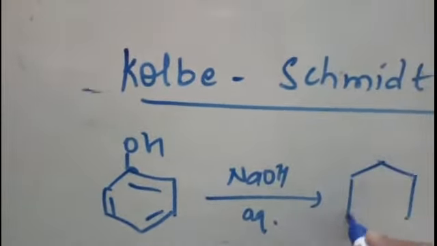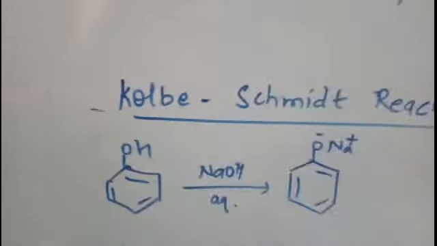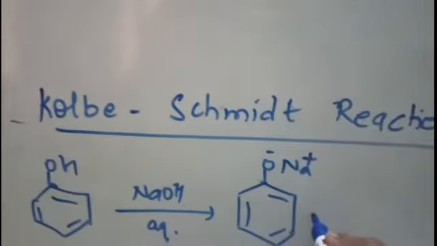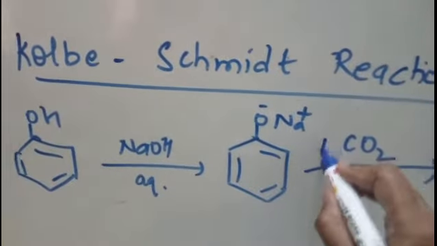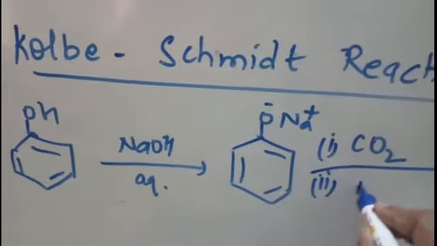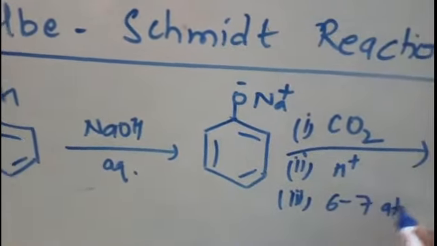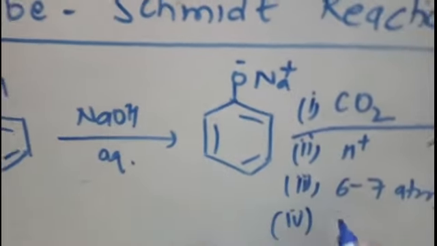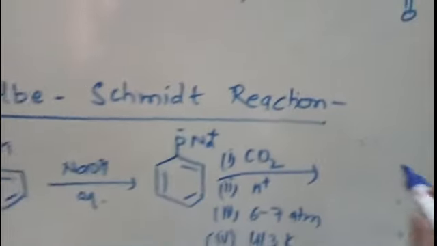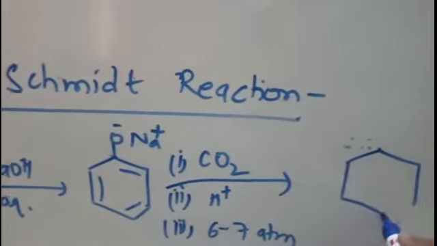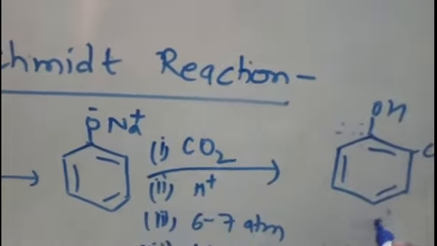Sodium phenoxide is formed, and this phenoxide ion is even more reactive, so reactive that even a weak electrophile such as carbon dioxide, in the presence of acid at 6 to 7 atmospheric pressure and 413 Kelvin temperature, it will undergo substitution, and ortho-hydroxybenzoic acid or 2-hydroxybenzoic acid, that is salicylic acid.